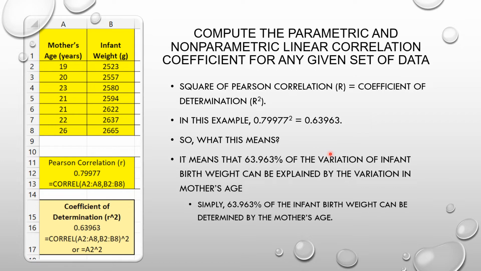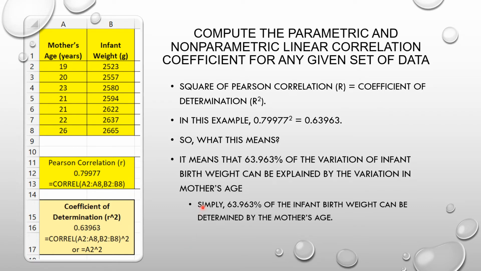So what does this mean? It's called coefficient of determination because here you convert it to a percentage. It means that 63.963% of the variation in the infant weight can be explained by the variation in the mother's age.